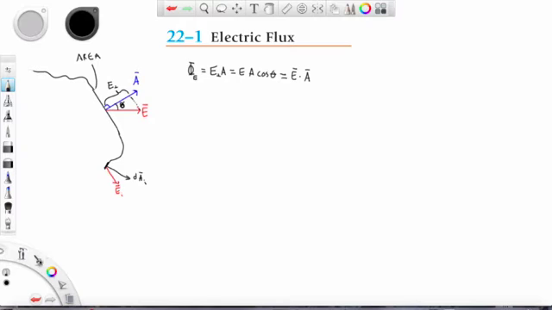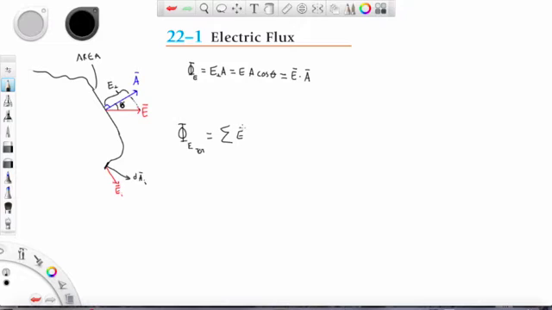So the total flux, by calculating this way, phi E total, would be the sum of all the fluxes of these individual area elements.